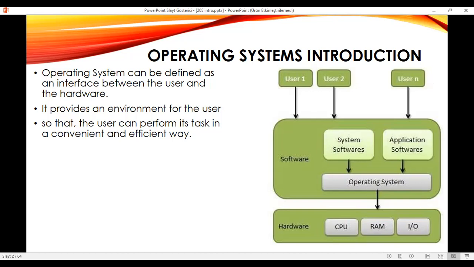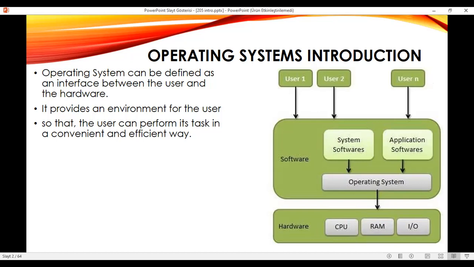It is designed to make it easier to communicate with the hardware. So by using an operating system, we are actually managing the hardware.